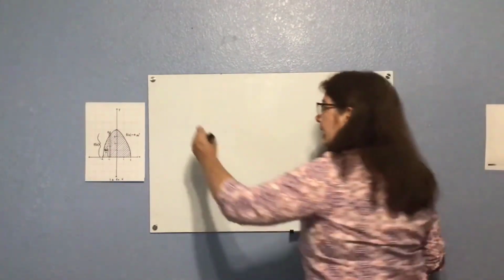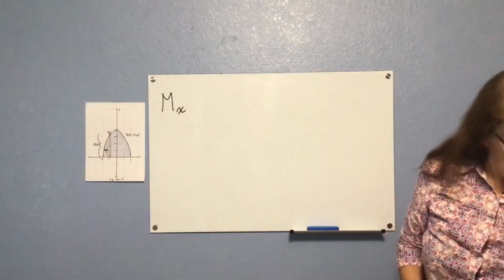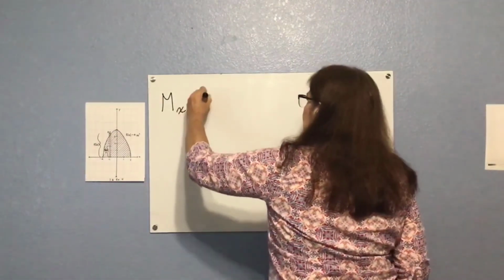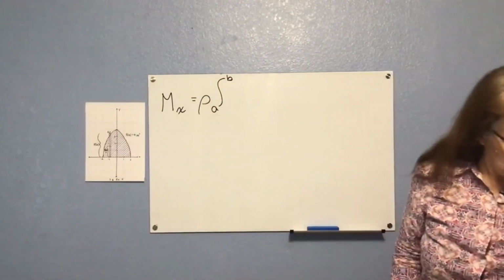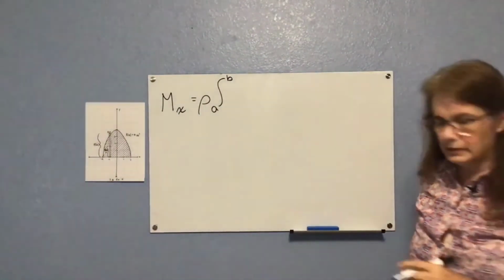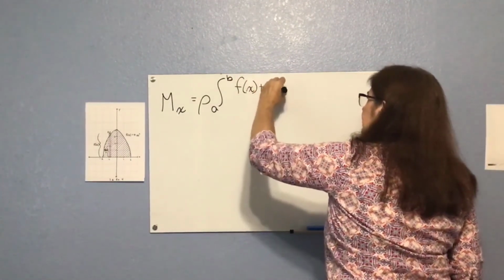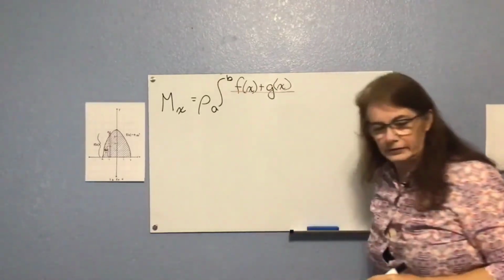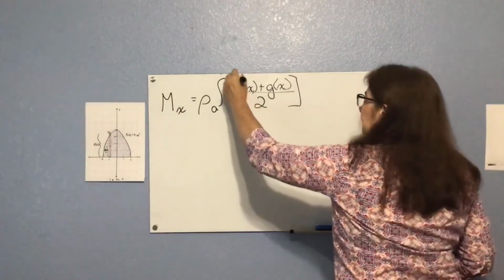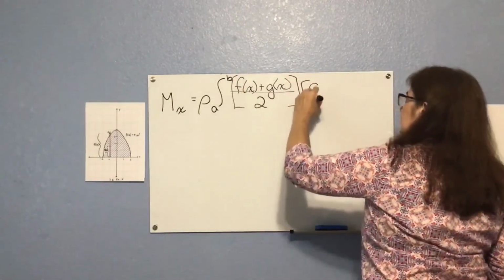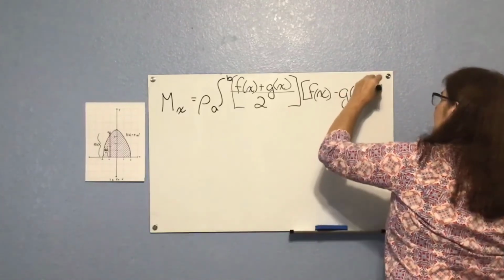So the moment about the x-axis, m sub x, is equal to rho times the integral from a to b of f of x plus g of x divided by 2 times f of x minus g of x dx.